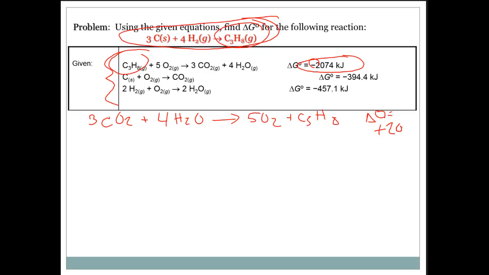Let's go to the next step. I have carbon on the left here. So we're good. But you'll see that it's getting multiplied by 3. So that means I have to multiply the entire equation by 3.